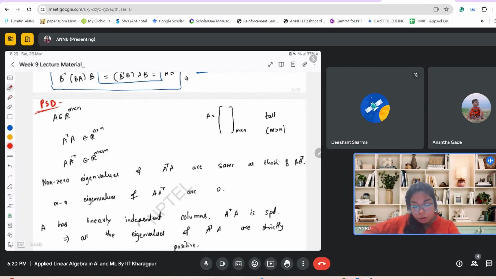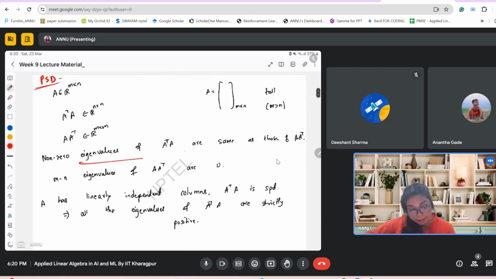So if A belongs to R^(m×n), then A transpose A belongs to R^(n×n), and A A transpose belongs to R^(m×m). The non-zero eigenvalues of A transpose A are the same as those of A A transpose. So this is also one of the properties: A transpose A has the same non-zero eigenvalues as A A transpose. So m minus n eigenvalues of A A transpose are 0.